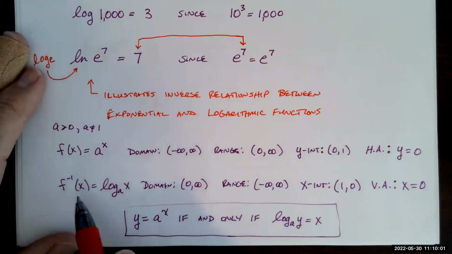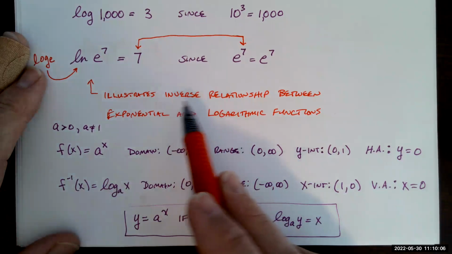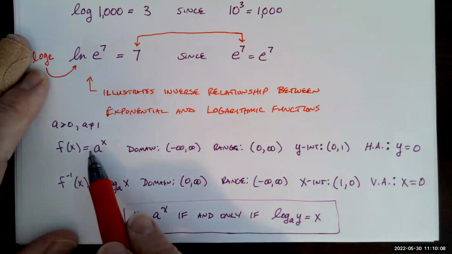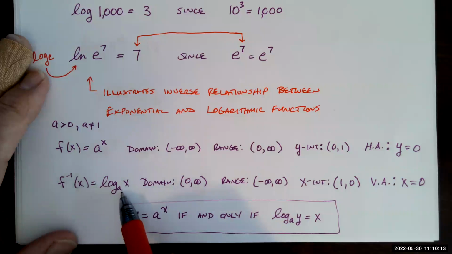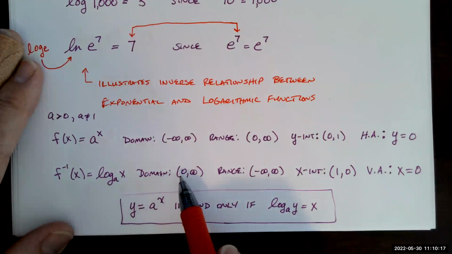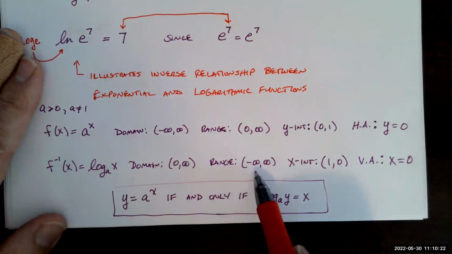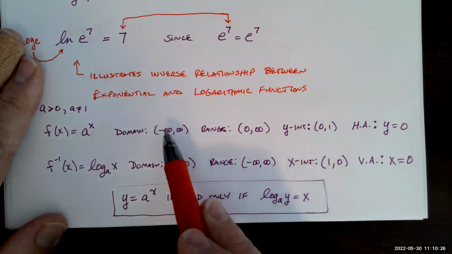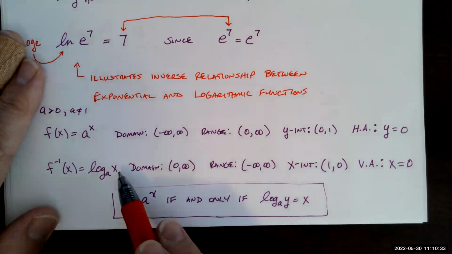The corresponding inverse function, because in fact the relationship is that they are inverses of one another: the inverse of the exponential function of base a is the logarithmic function of base a, and vice versa. The domain of the logarithmic function is everything greater than 0.